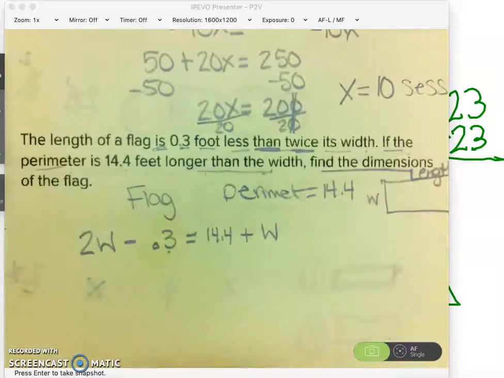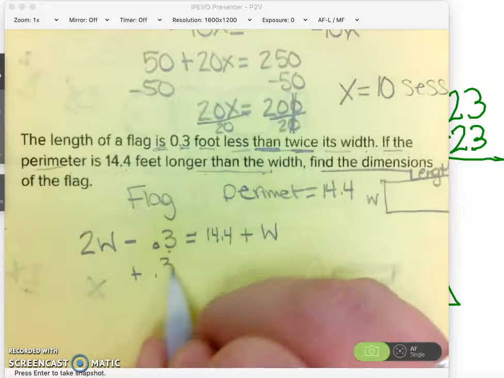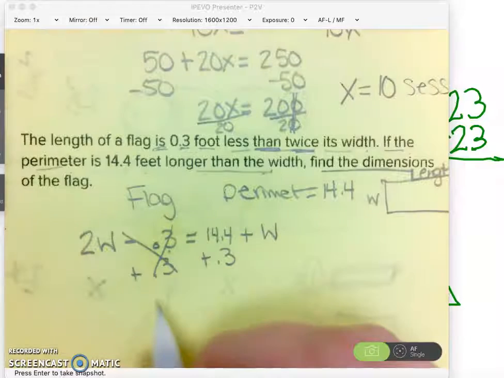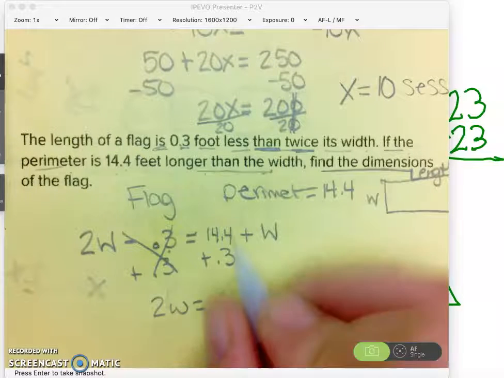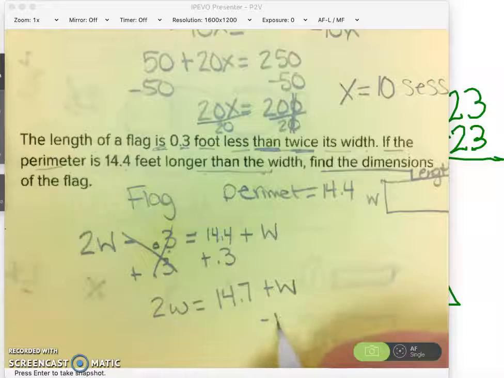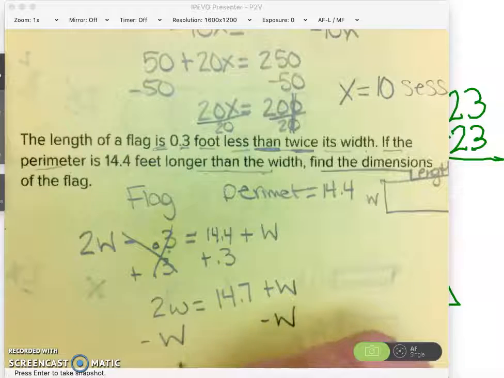Find the dimensions, and I'm going to set them equal to each other. So I'm going to add 0.3, add 0.3. So this will go away. 2W equals, this will be 14.7 plus W, and subtract the W. I want to say 1W.